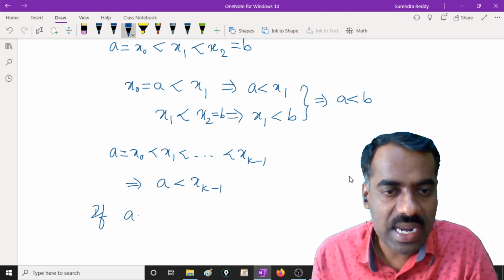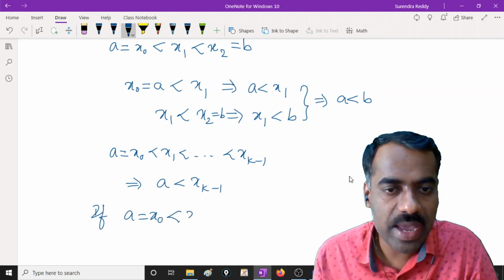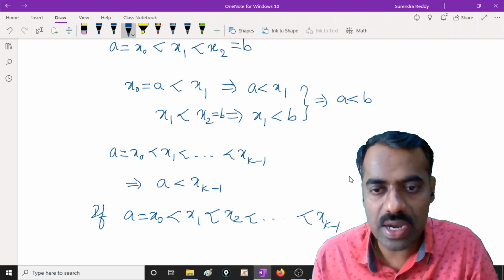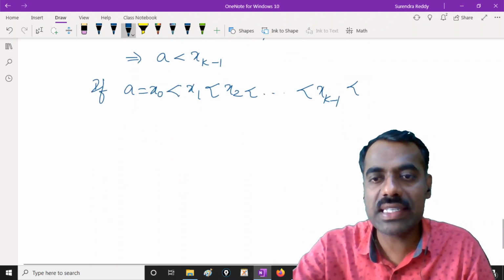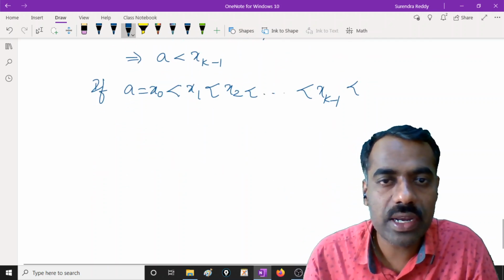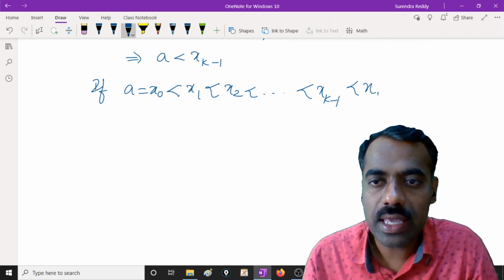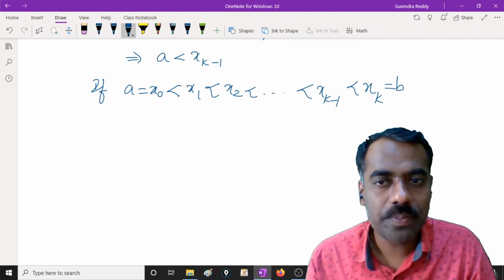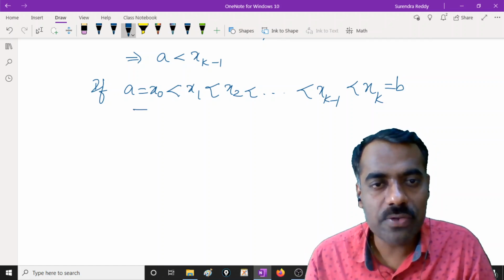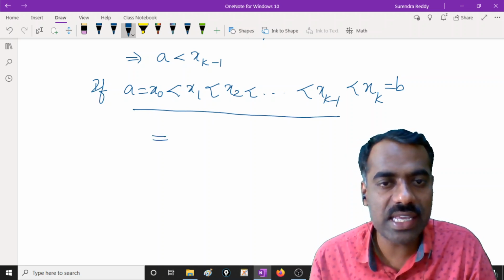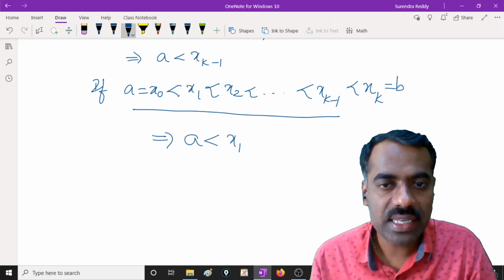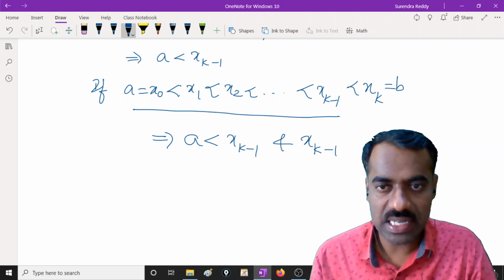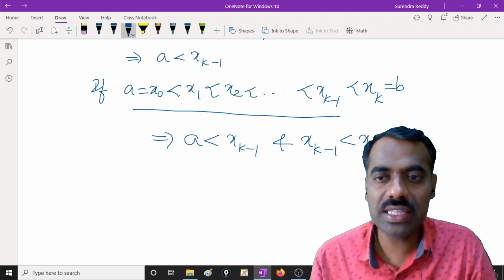Now if our relation is A equal to x0 covered by x1, then covered by x2 and so on, x(k-1), then covered by xk, which is B, then how is A less than B here? By applying induction up to x(k-1), what we get is that A is less than x(k-1), and x(k-1) is less than xk, which is nothing but B.